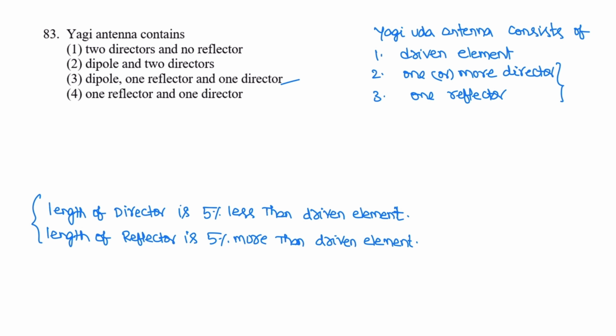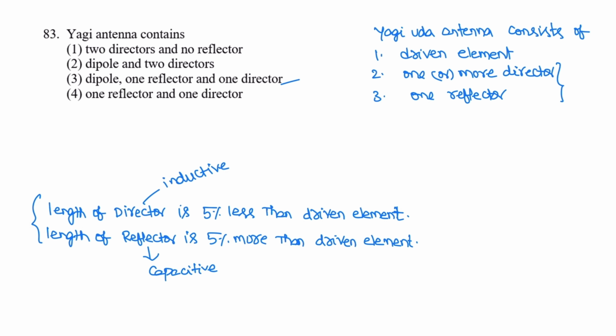The length of the director is 5% less than the driven element, and the length of the reflector is 5% more than the driven element. Directors carry inductive currents and reflectors carry capacitive currents, as their lengths are smaller and larger than the resonant length respectively.